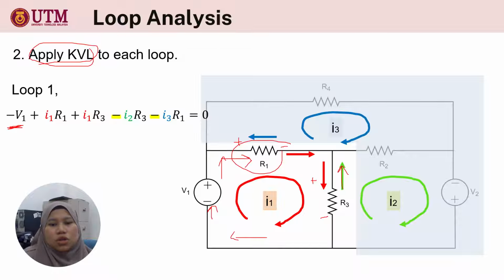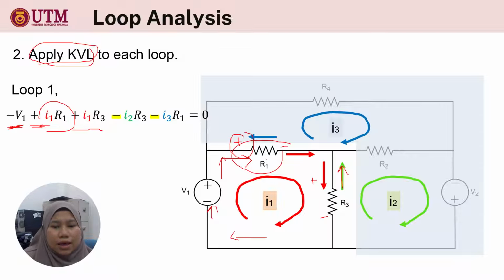The current coming in here is to the positive terminal. So what is the voltage, positive or negative? Yes, positive. So plus I1 multiplied with R1. This is the voltage drop. Another one, the current coming through the positive terminal of R3, so plus I1 R3.